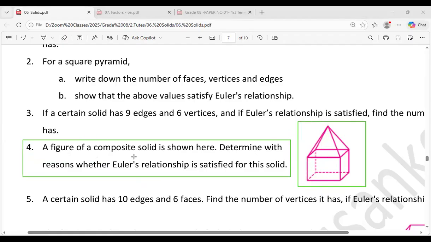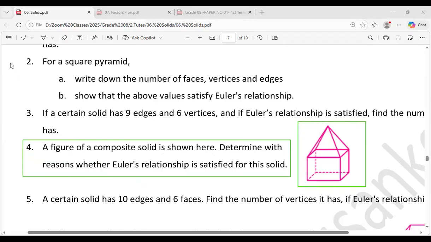The figure of a composite solid is shown here. On top of the cube, you have a square pyramid. Then determine with reasons whether Euler's relationship is satisfied for this solid. You have to show whether it is satisfied or not satisfied.